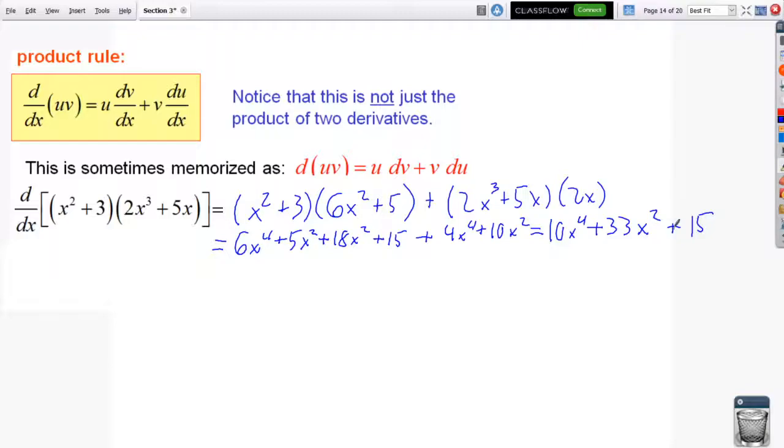I know in the bookwork there's at least one problem that says verify that you get the same answer for these. So the other way that I could do this, instead of trying to do the product rule, I could do the foiling first. So foiling, I would have 2x to the fifth, x squared times 2x cubed, yeah. 2x to the fifth.